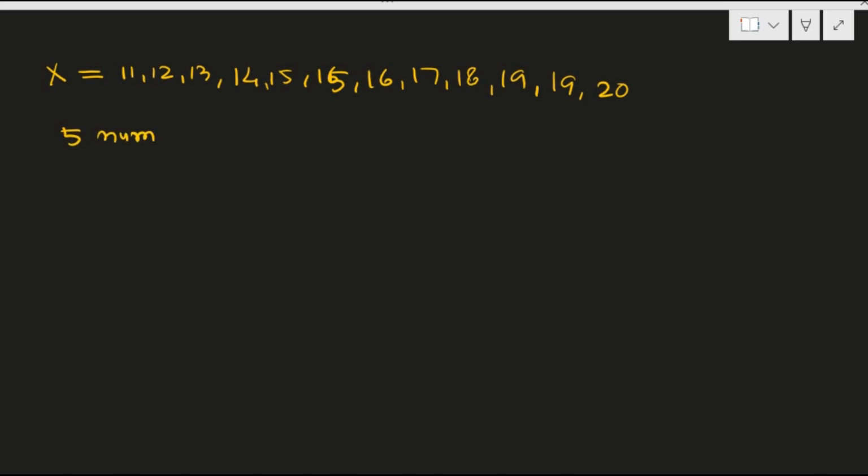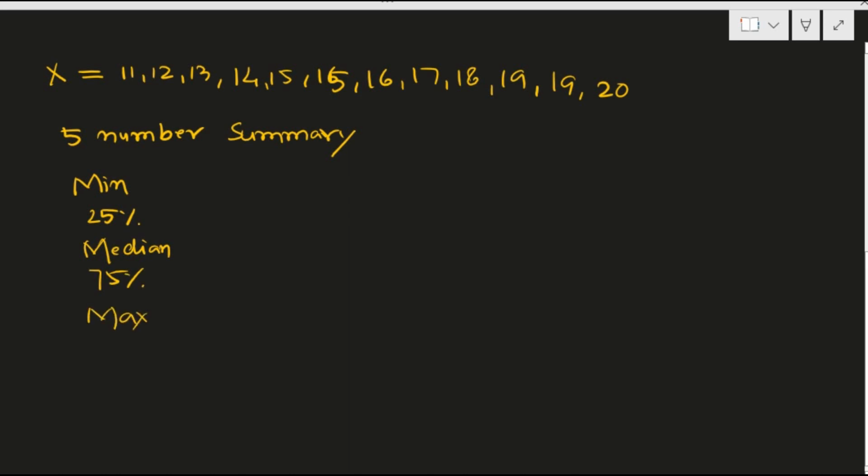The five number summary is nothing but the minimum value, the 25th percentile, the median, the 75th percentile, and the maximum. In order to find the IQR, first is the minimum value, which here is 11.